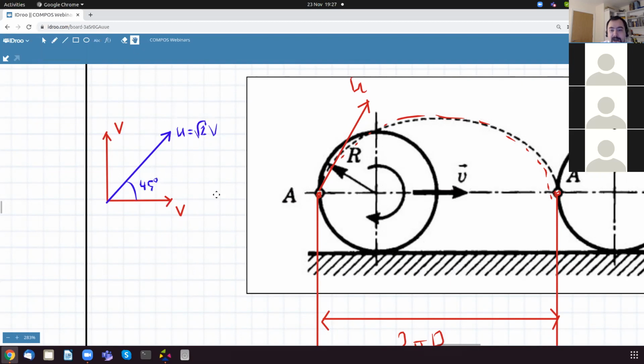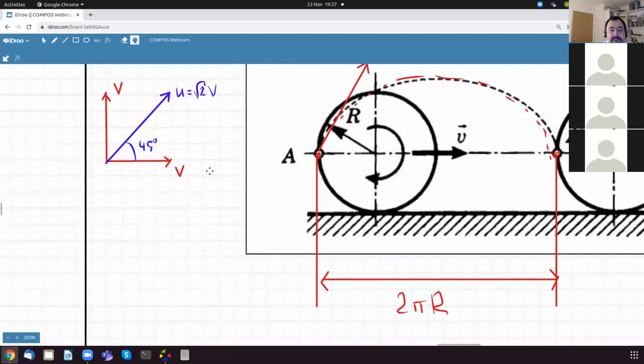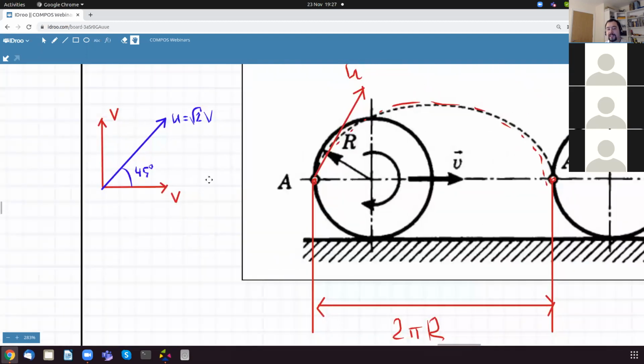Why is it moving up with the same speed as it is moving forwards? Well, you need to imagine that the wheel is spinning on the spot, and all points of the wheel are moving with the speed v. Imagine a wheel is spinning like this.